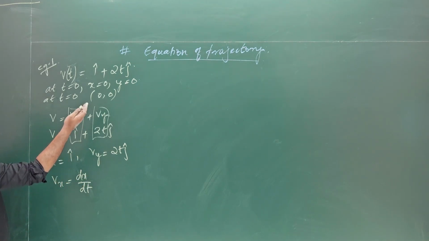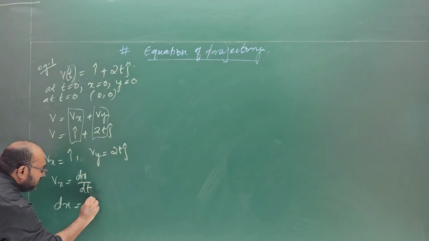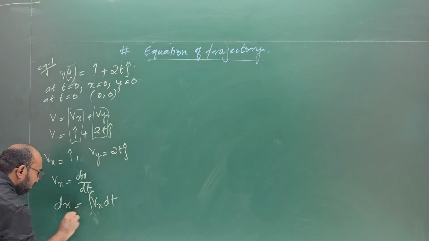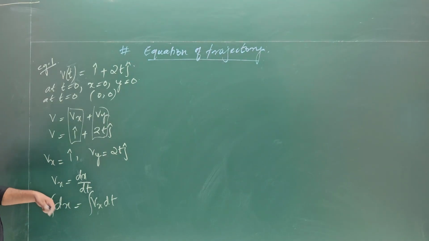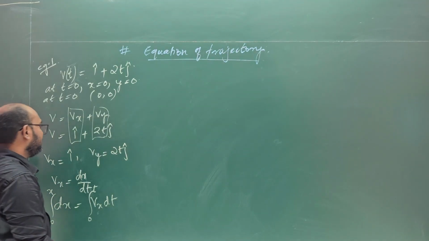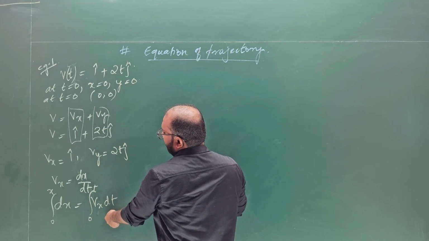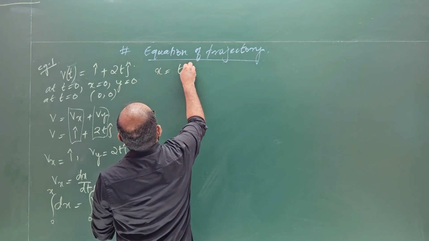Whatever it may be. So dx is equals to v, upon integrating. What is the time given? From 0 to time t, and from 0 to x. If I solve this, what is Vx value? That is 1. 1 means, can I say x is nothing but t?